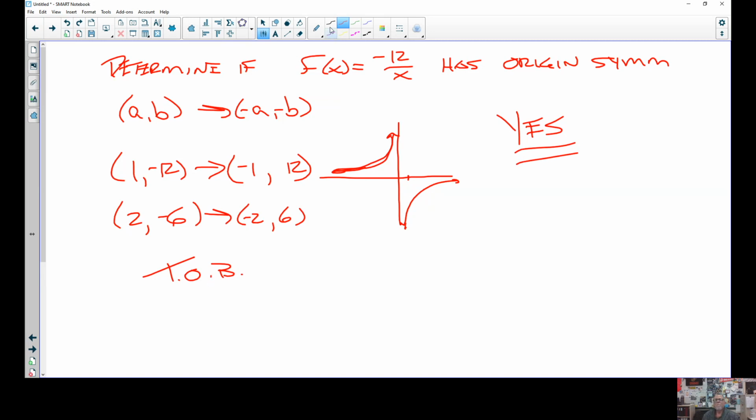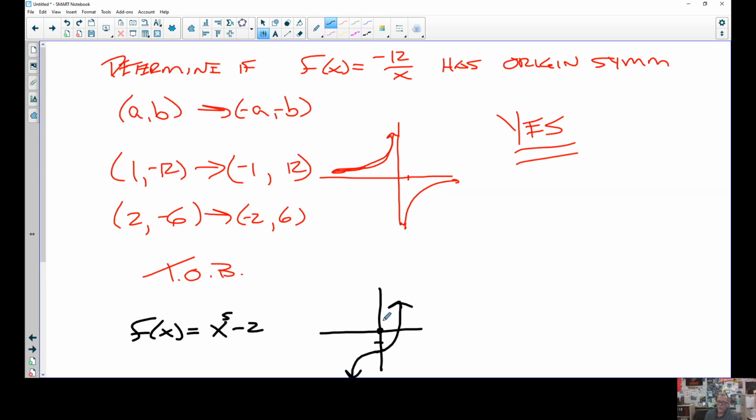Let's do another one. If I gave you f of x equals x to the 5th minus 2. Again, if you graph this on your graphing calculator, you're going to find it does something like this and like that, right? So if it has origin symmetry, I should be able to reflect it about this.